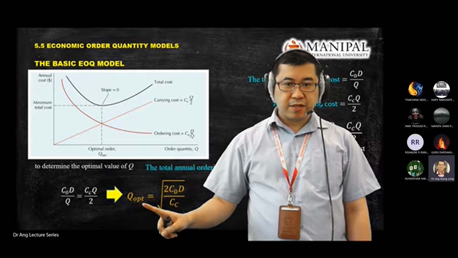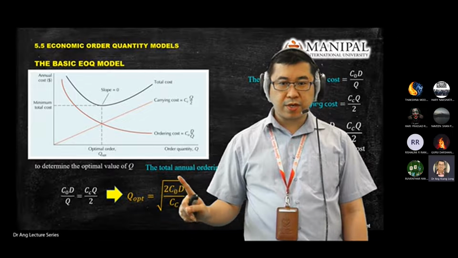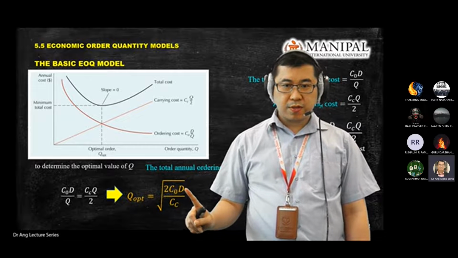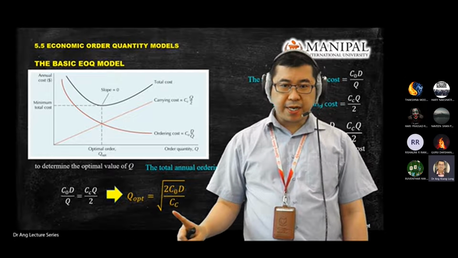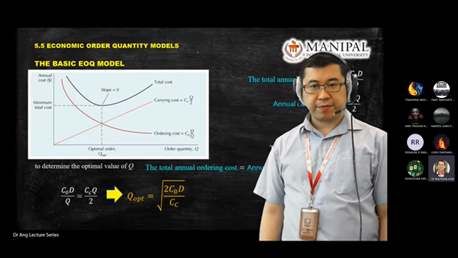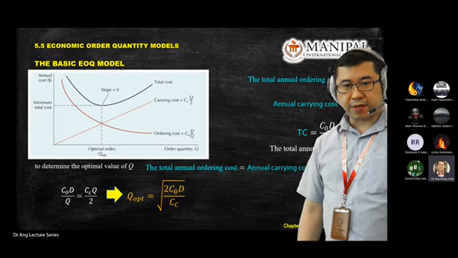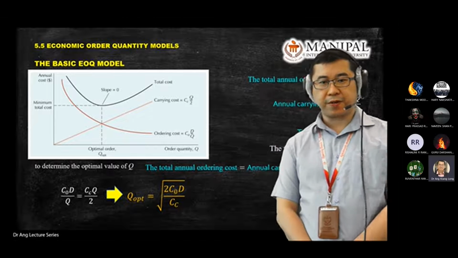Rearrange, you want to find your Q, so your Q optimum is equal to the square root of 2 C sub O, your ordering cost, times demand, divided by C sub C, right? Okay, copy this one in your handout because later you need to use this one in your calculation.